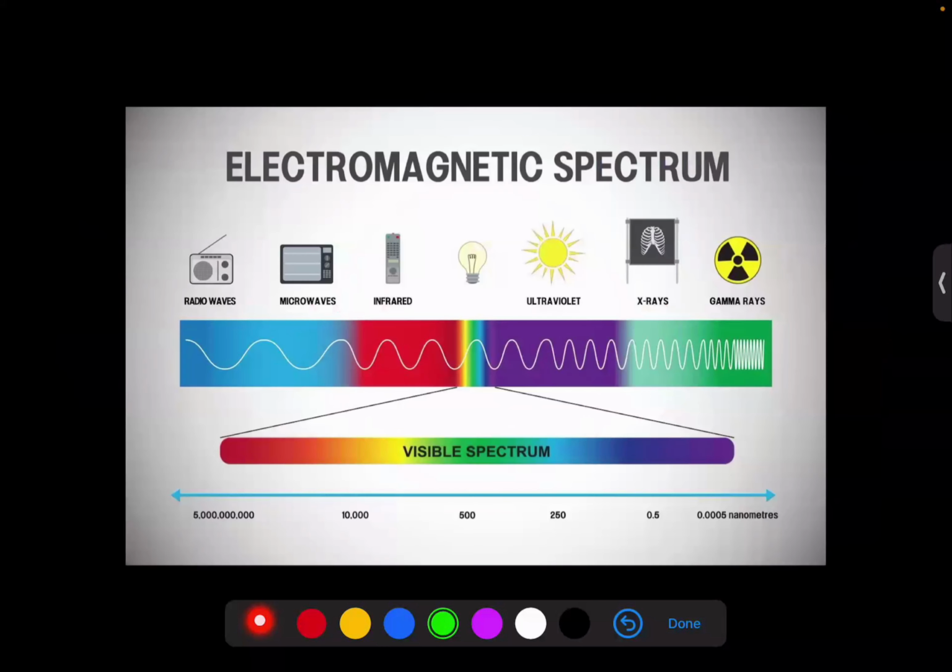If we look at that small area from around 300 to around 700 nanometers, that area is visible. Now, all these rays will be different.